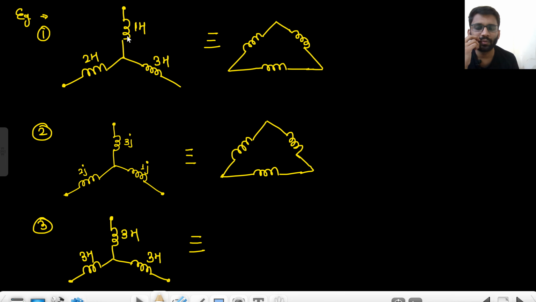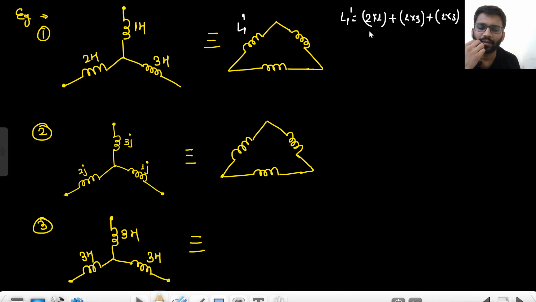It will be 2 plus 3 plus 6. Let's call this one L1 dash. So L1 dash would be 2 into 1 plus 1 into 3 plus 2 into 3, right, divided by this value in front, 3.